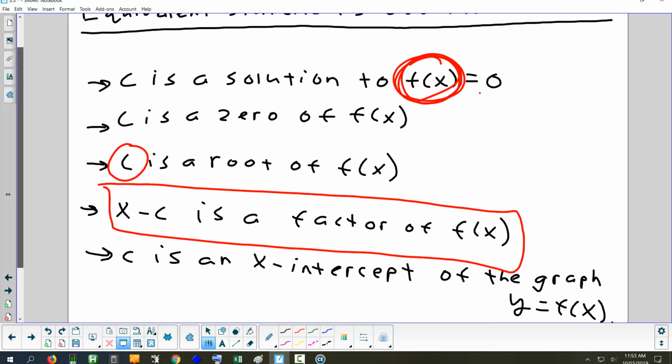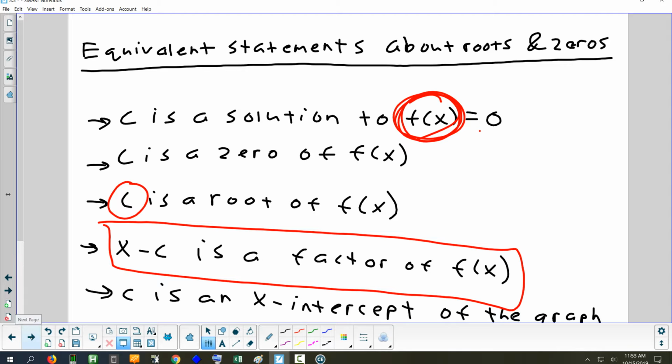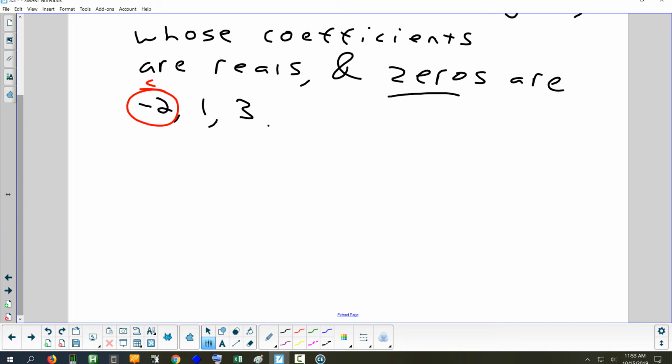Can you say that more specifically? What is a factor? I want to know exactly what is a factor. -2 is the root. So what would be a factor? X plus 2. Yes. If you know that -2 is a root, you know that this is a factor, which Jerry wrote as x plus 2.